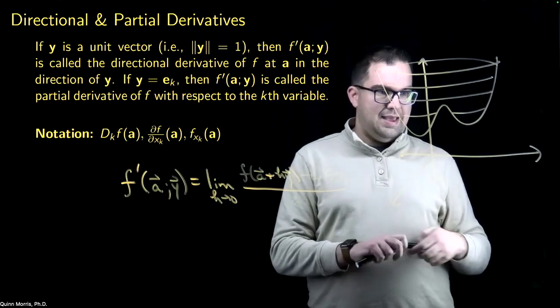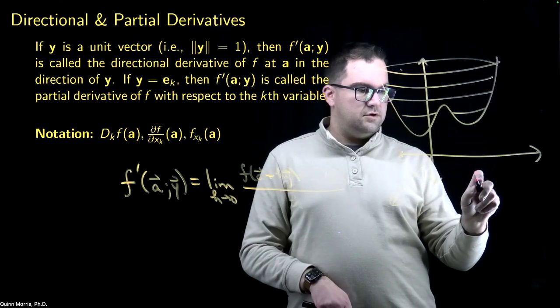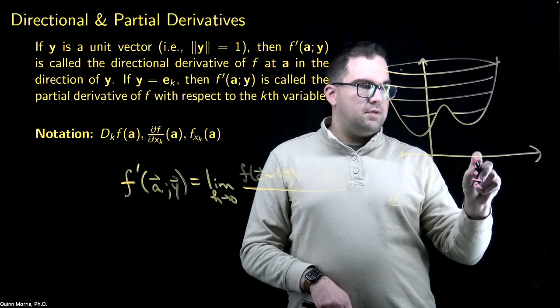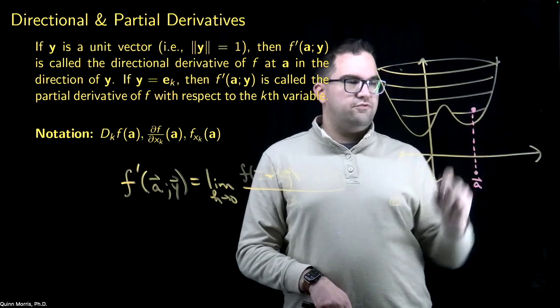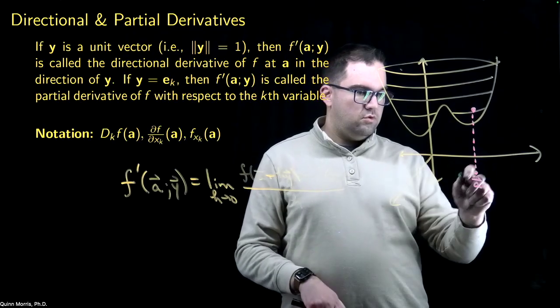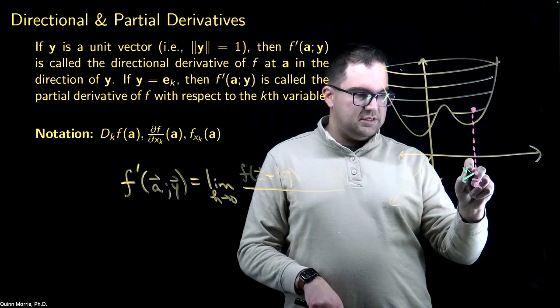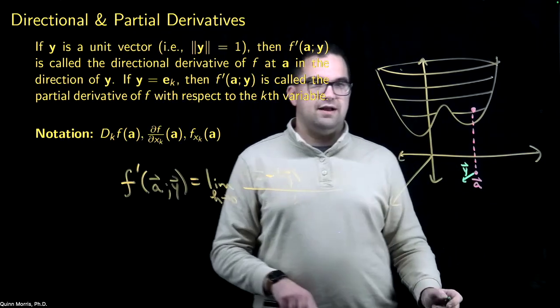I'm picking some point a, and that maps up to some point on the surface. Then I pick a direction y, and I'm standardizing this so that y is a unit vector.